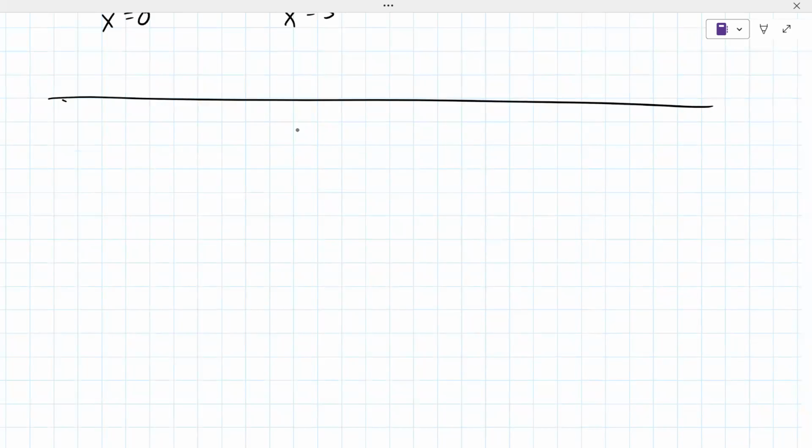All right, so let's try this one. Actually, let me pull up what we just did. All right. 8x squared minus 12x equals 0. I'm sorry, I didn't put an 8 here. That's a big deal.